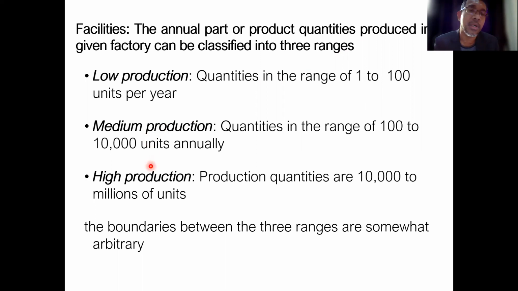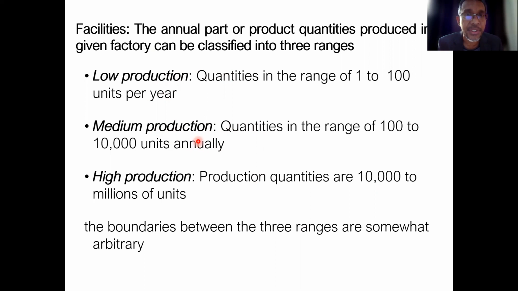Low production is usually around 1 to 100 units per year. Medium production is around 100 to 10,000 units per year. High production is over 10,000 units, up to millions. These are the three boundaries.